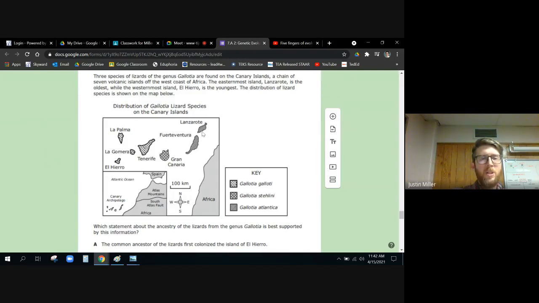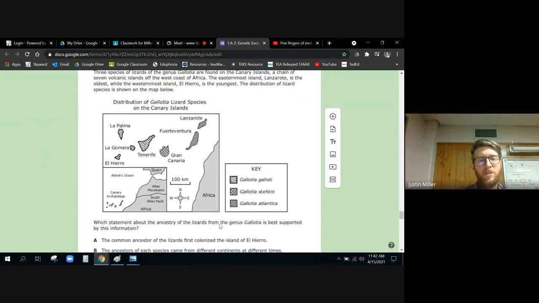So in what order do you think that these islands formed in? They formed here first, and then they moved west. Okay, that's why the one on the most west is youngest, all right? They started here, and the islands developed this way.